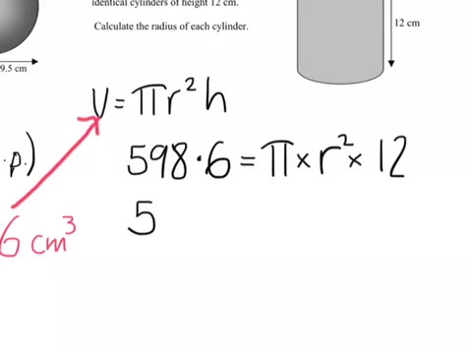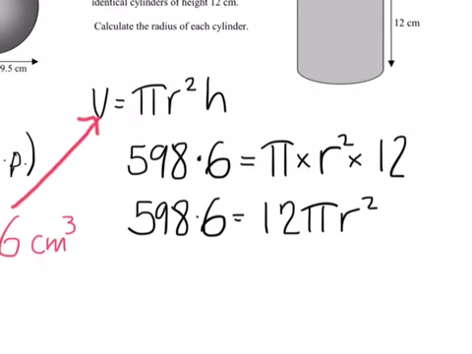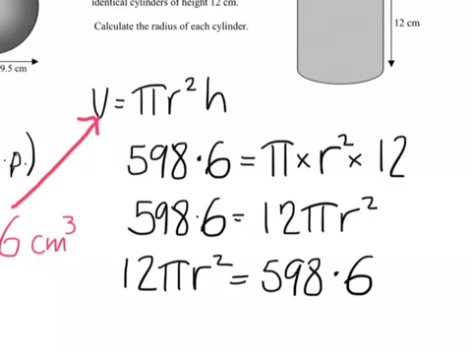That gives us 598.6 equals, and if we rearrange this slightly, we get 12 pi r squared. Switching that around, we get 12 pi r squared equals 598.6.